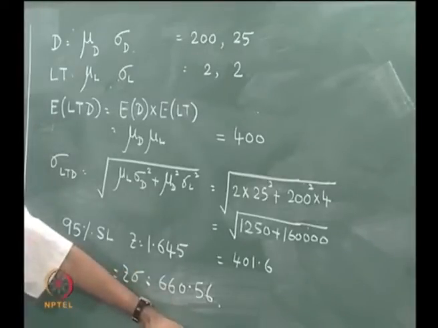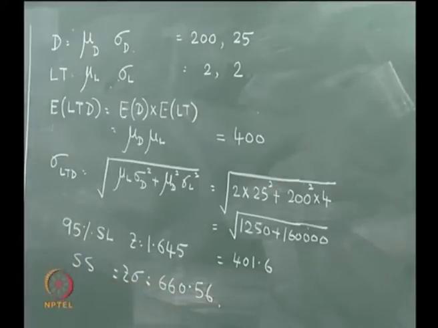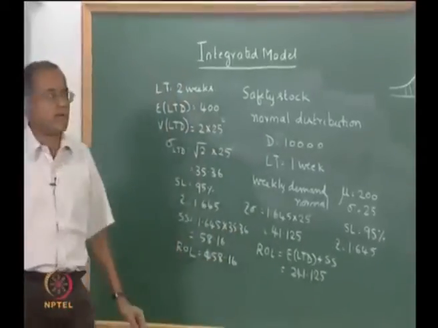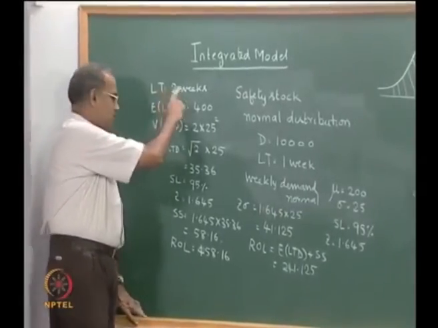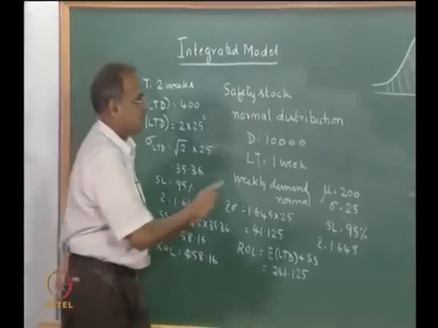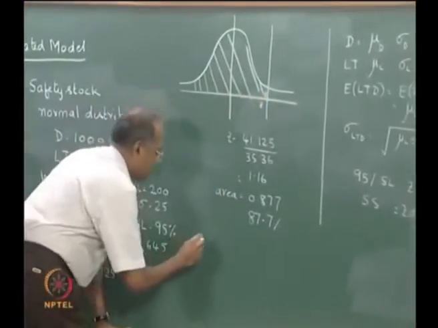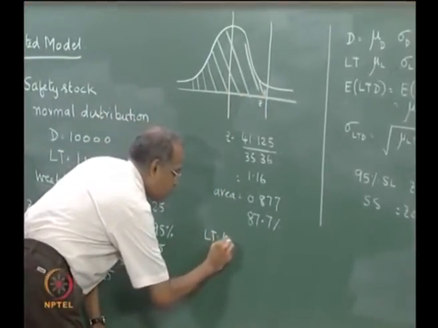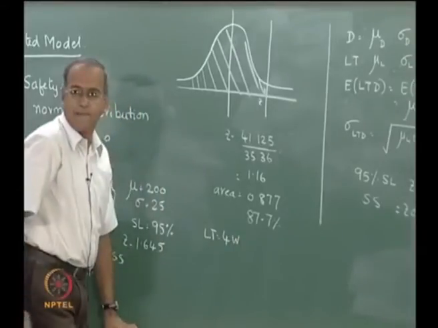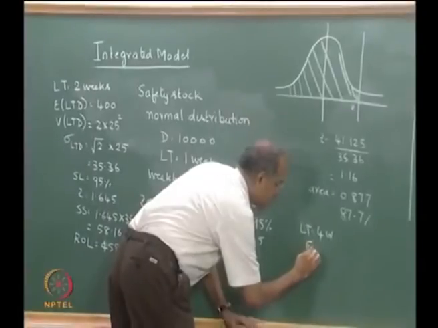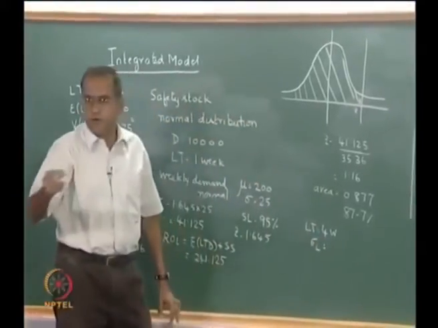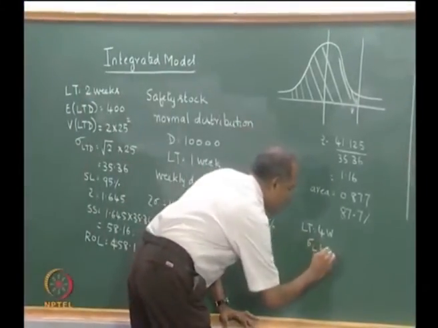For example, if we went ahead here and computed the case where lead time is actually 4 weeks. Now let us look at a case when lead time is 4 weeks, but then we are not looking at any variation. So lead time is 4 weeks. Now sigma lead time is root over 4 into 25, which is 50.